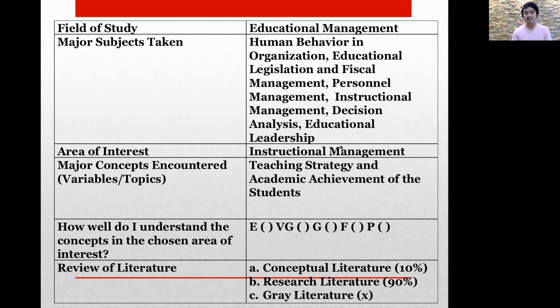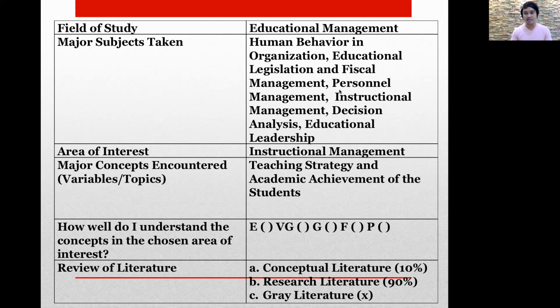The trend right now, according to the American Psychological Association or the APA, is that it must be presented thematically. Ano yung thematically? According to theme, according to topics, or topical. Topical, no? According to topics.